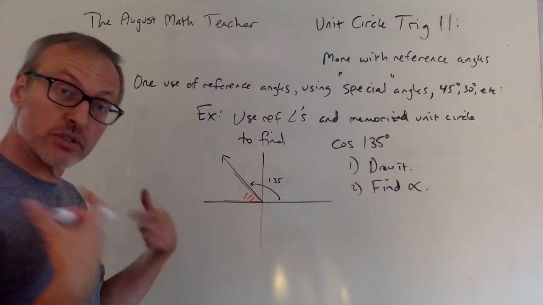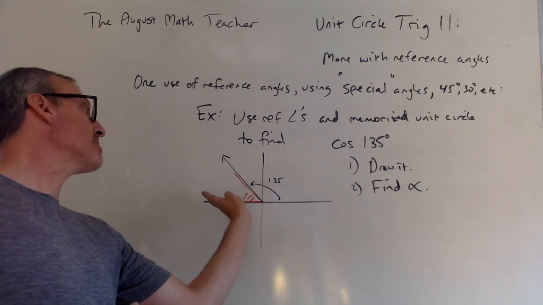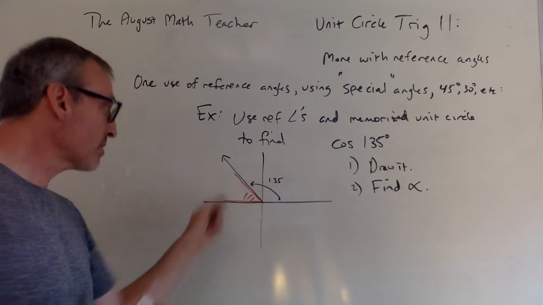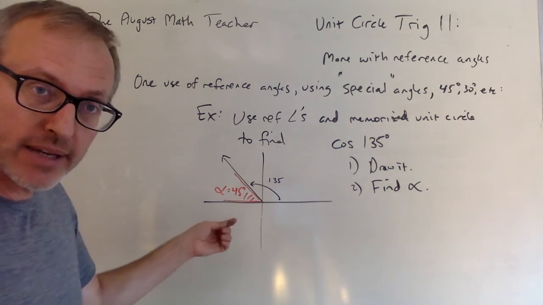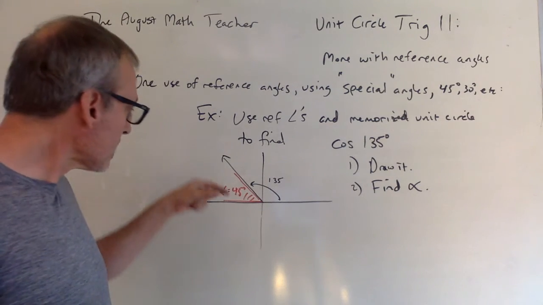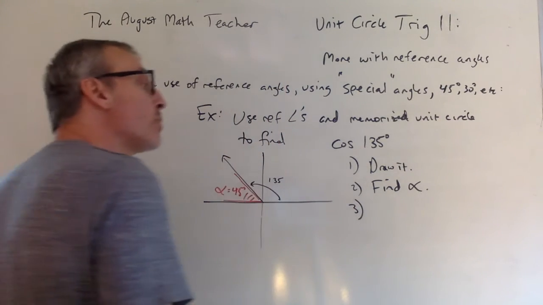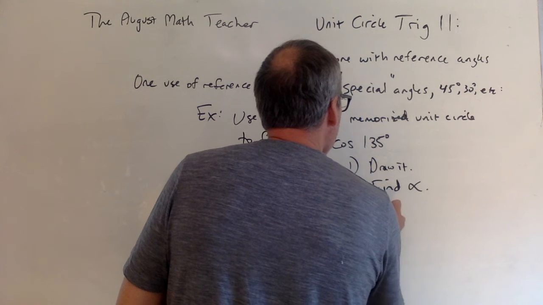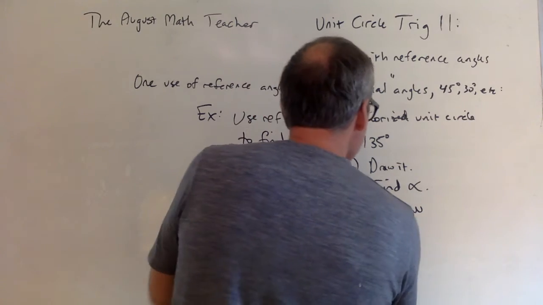And we just have to use a little geometric intuition to see how much that is. 180 is this whole thing, so we need to add 45 to that to get to 180. Oh, this is 45. You don't need a calculator on that. 180 minus 135, okay. But learn to do this, get better at it. So that's alpha.